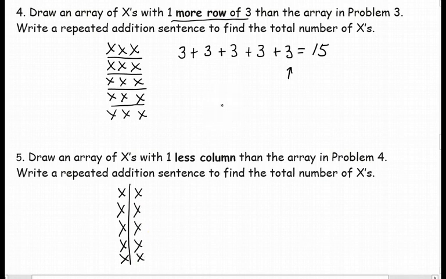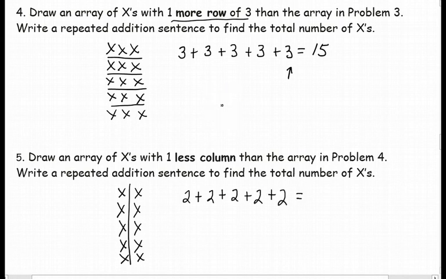Now when we write our repeated addition sentence, instead of adding 5 groups of 3, I'm going to add 5 groups of 2 because there's 2 X's in each row and there's 5 rows. So that would be 2 plus 2 plus 2 plus 2 plus 2.